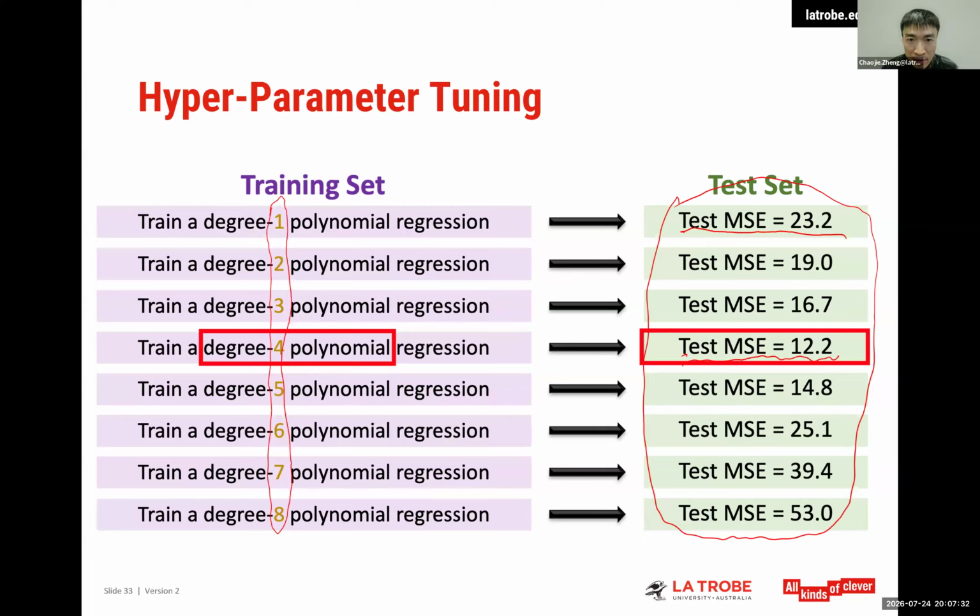And then the corresponding model that generates this lowest error would be the best model, and the complexity or the hyperparameter value for this model would be the optimal value for the hyperparameter.